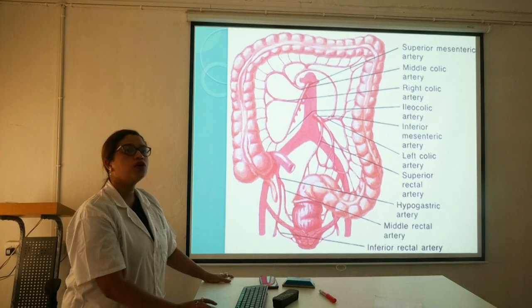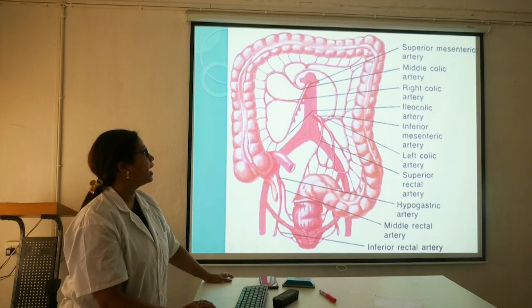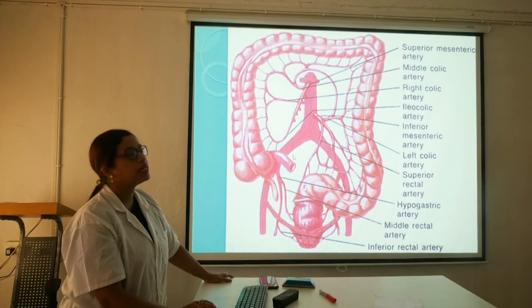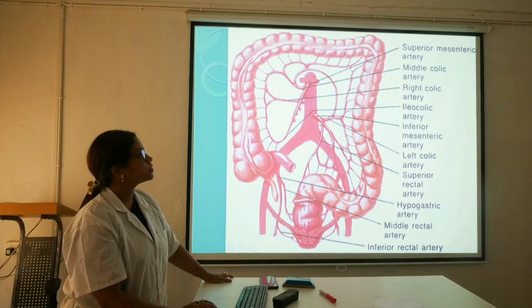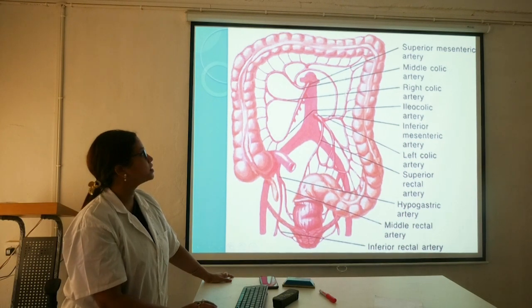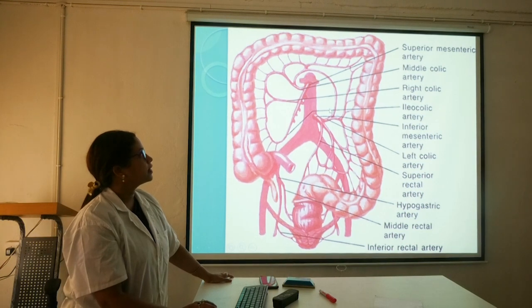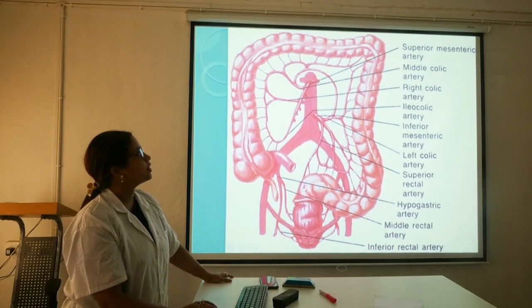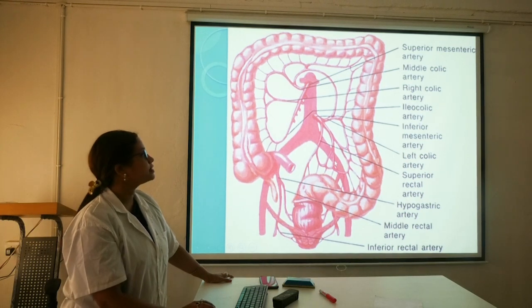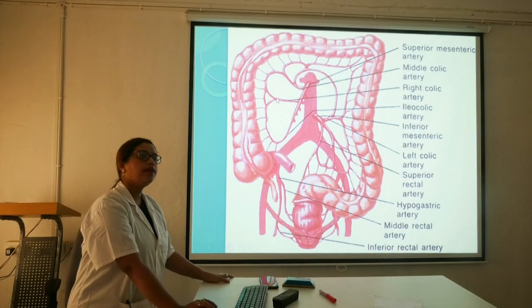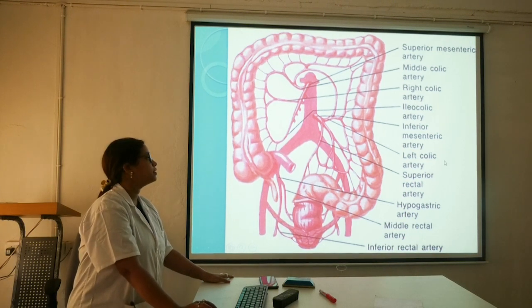Inferior pancreatico-duodenal artery. And there are numerous ileal branches. Then this one is the inferior mesenteric. So the inferior mesenteric gives how many branches? This one is the left colic, this one is the sigmoid artery, and this is the superior rectal artery. Okay, so this is the arterial supply.